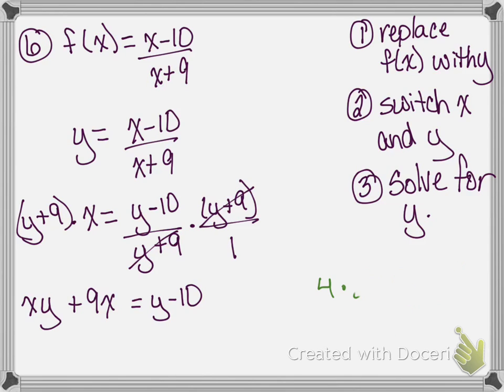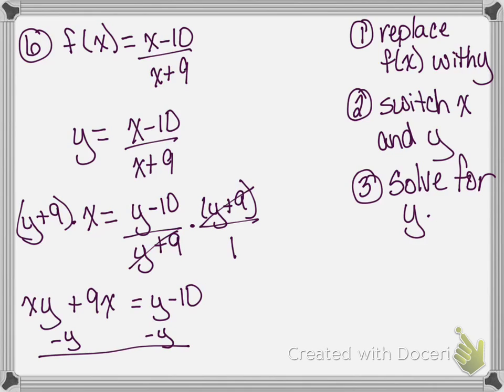Now what I have to do is get my y's together. Some students subtract this y from both sides, which is completely fine, and that's what I did. Some students will subtract xy from both sides, and it doesn't matter which direction you go in, you'll still get the correct answer. The negatives look different, and you would have just multiplied everything by -1 over -1.